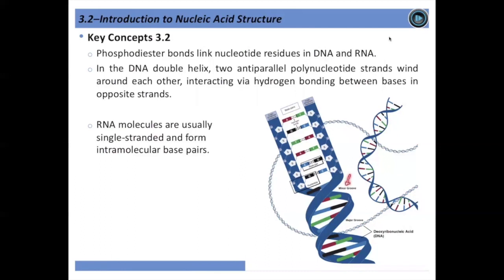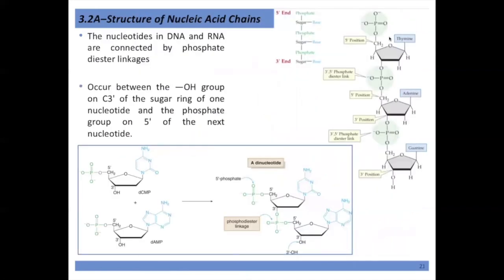We'll talk about these minor and major grooves and how we coil this up into a helix, and then how that helix can actually coil up and coil up even more. Now, RNA molecules are usually single-stranded and form intramolecular base pairs, where DNA tends to have two different strands that base pair by hydrogen bonding. And so we'll get into that, but first we've got to understand how you actually connect these nucleotides together.